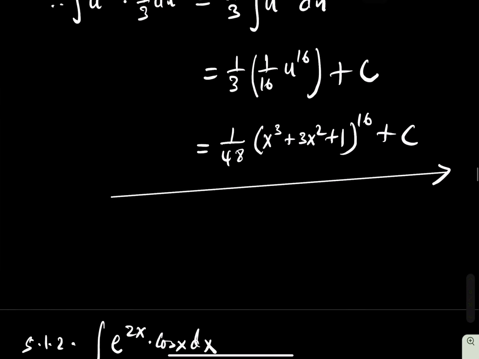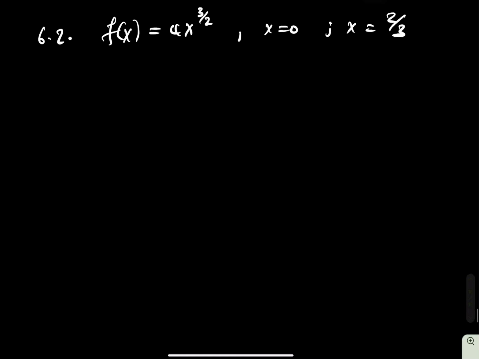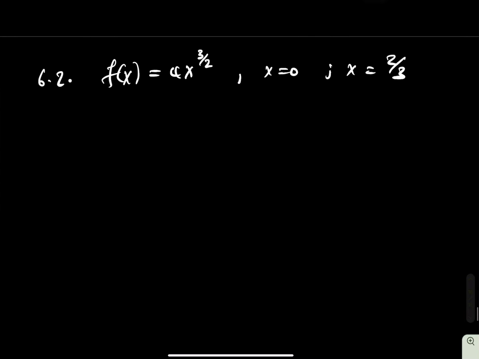Let me verify the bounds. The bounds is 2 over 3 and 0. So the lower fence is 0 and the upper fence is 2 over 3. You want to find the length of the arc.